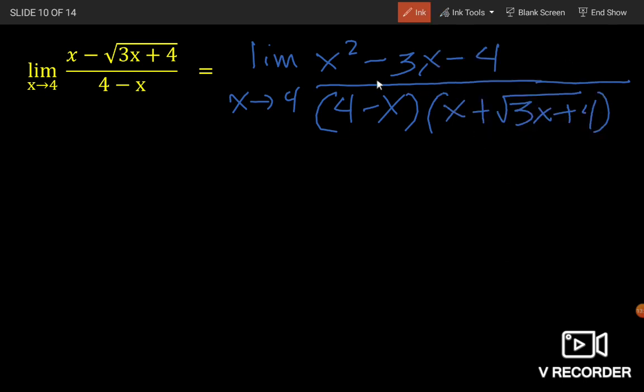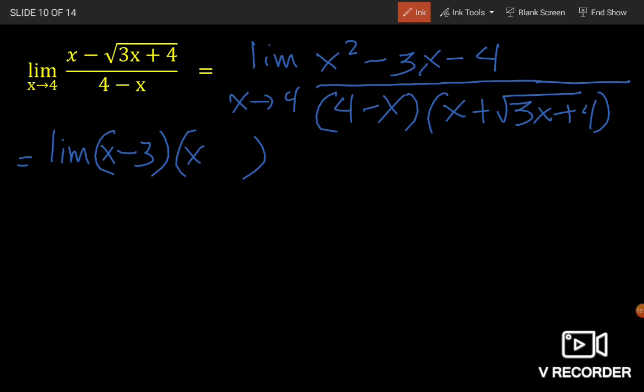Now, if we look at the numerator, this can be factored. We can write it as the limit of a product of two binomials. So x here, x here.